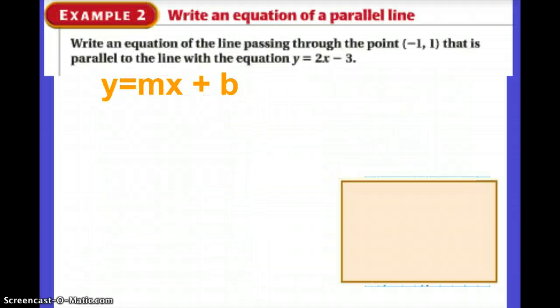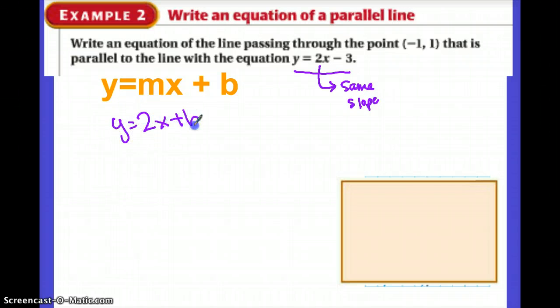Write an equation for the line that passes through the point -1, 1 that is parallel to line y equals 2x minus 3. Well, what we can pull from this equation, if it's parallel, it has to have the same slope. So we know that our slope is going to be 2. So we know y equals 2x plus b. I don't know what b is.